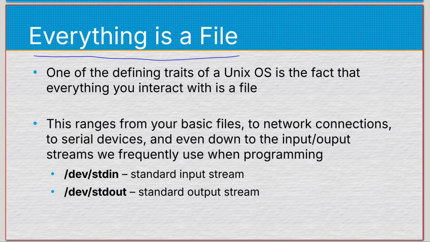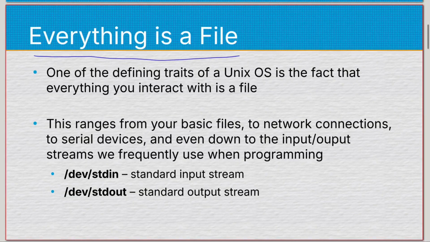It's one of the reasons a lot of people that deal with embedded devices and networking and servers really like using Unix, because of this paradigm right here. The fact that everything is a file means that when you interface with things, you can generally expect a pretty consistent interaction.